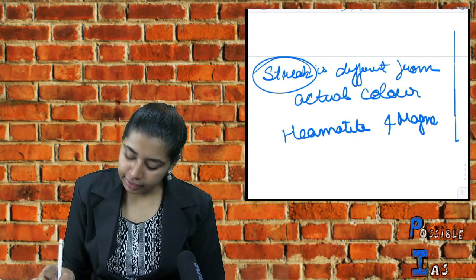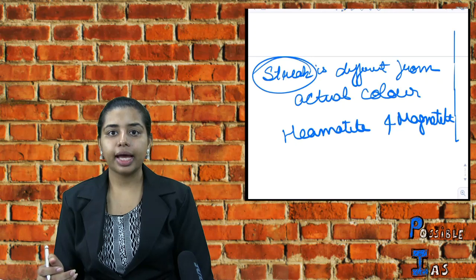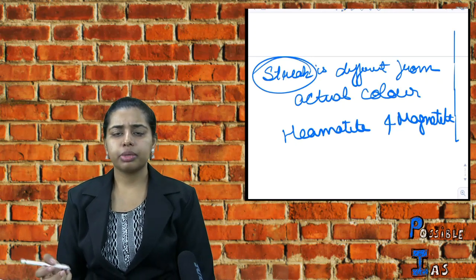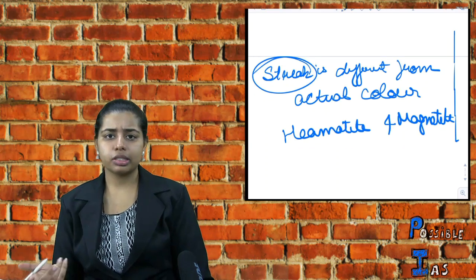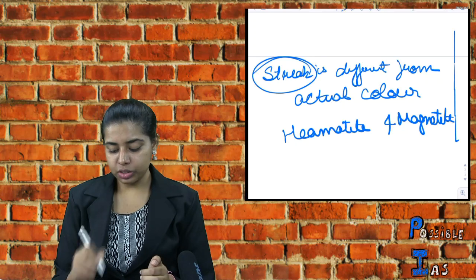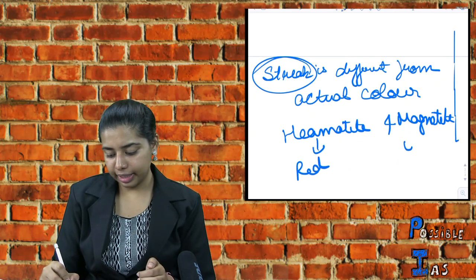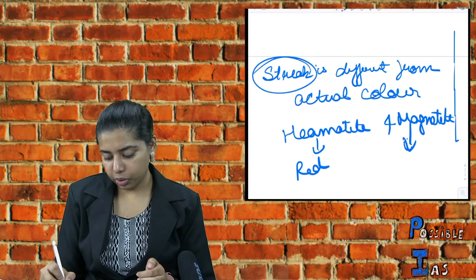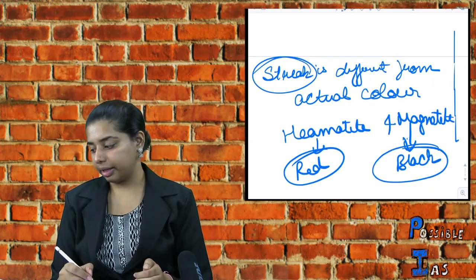Hematite and magnetite are really similar, just that magnetite is a little heavier than hematite, and their color is almost similar. Both of them are red to reddish black. You cannot physically see and verify the density. So what you do is you take a streak plate, and the streak of hematite is red, whereas the streak of magnetite is black. This forms a basic difference between hematite and magnetite.